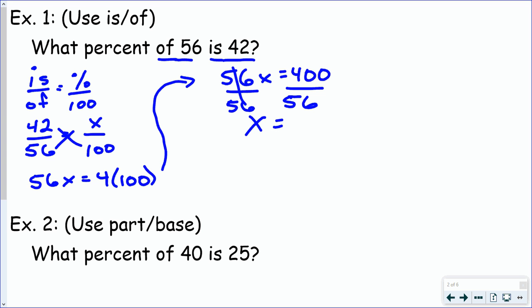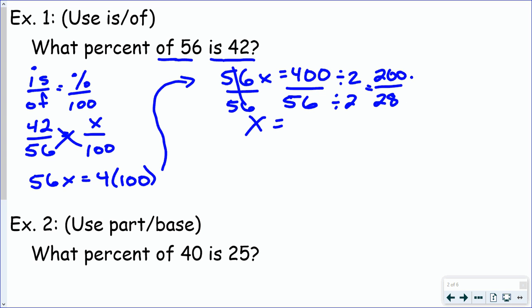And we get, plug it into my calculator, 4,200 divided by 56. I get a really long decimal. In that case, you should leave this as an improper fraction and just simplify it. I can divide these by 2 because they're both even. That gives me 200 over 28. They're still even, so I know it can be simplified more.